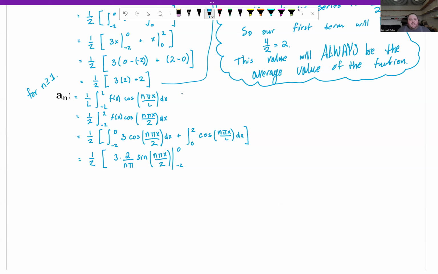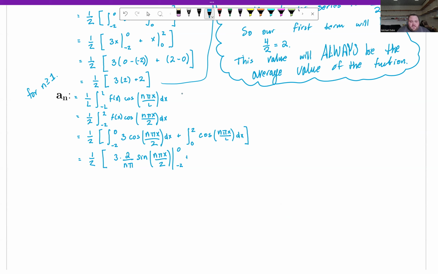Okay, good. If you need to pause here, do that off to the side. If this is not clear to you, it's important that it's clear to you. But if you can see how, if we were to take the derivative of this, we would get back to 3 cos n pi x over 2, and that's because of chain rule in reverse.